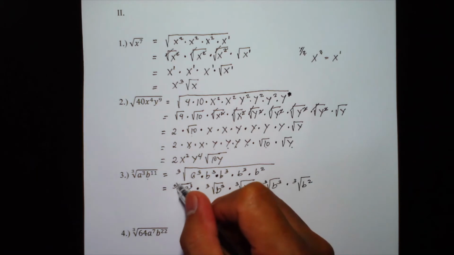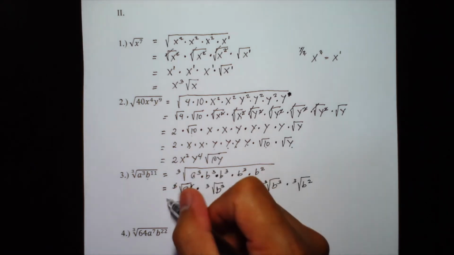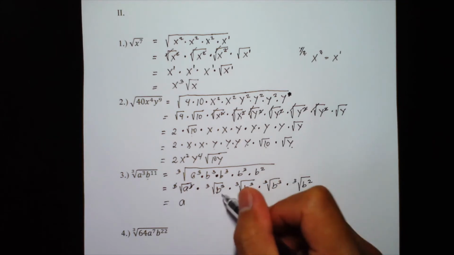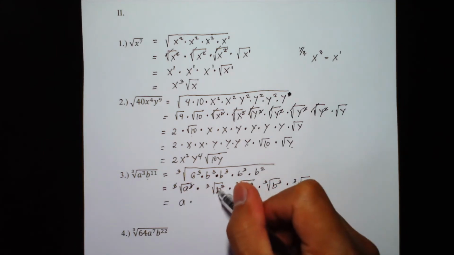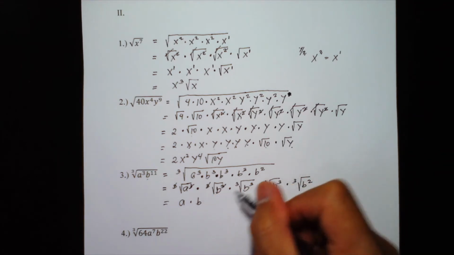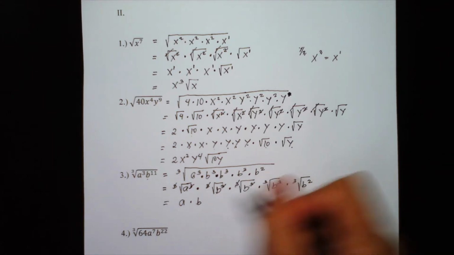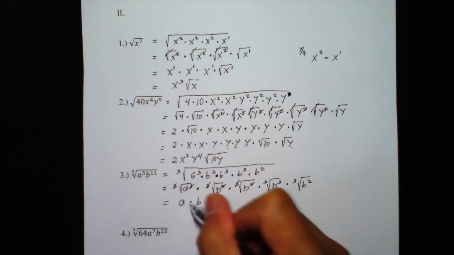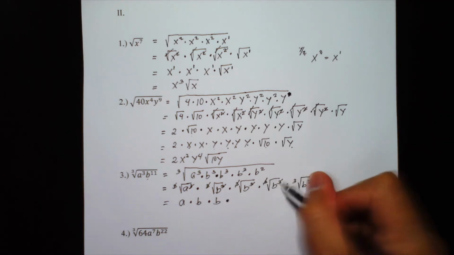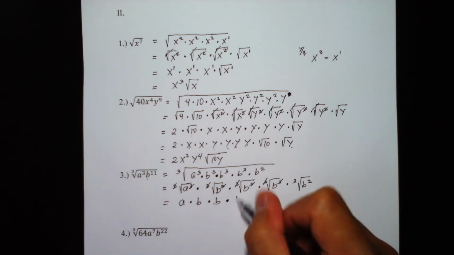So the answer will be a, multiplied by, we cancel this one, that will be b, multiplied by b again, that will be b.